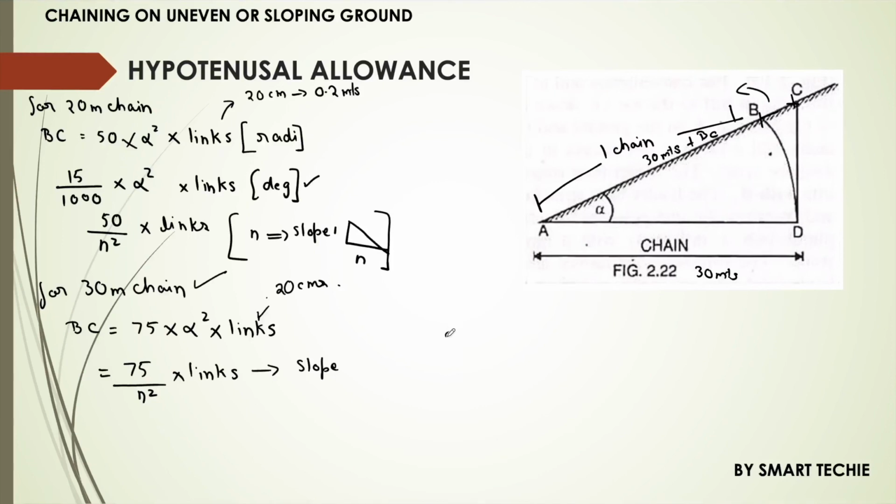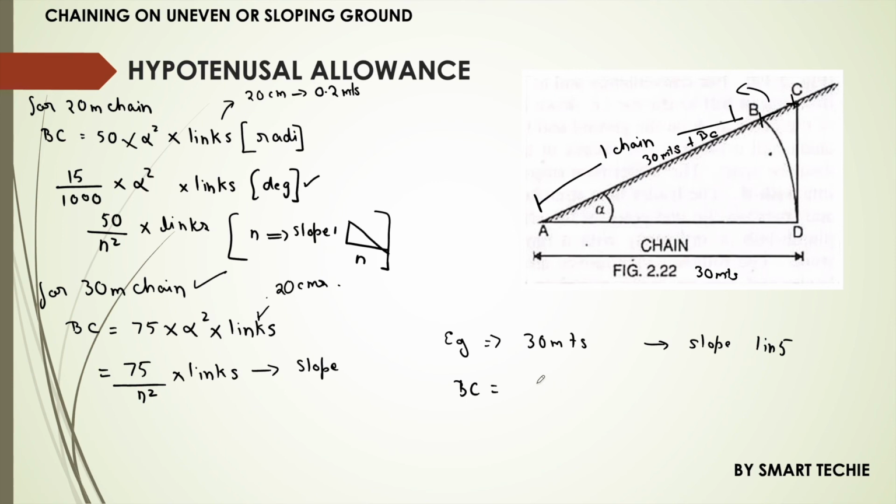If I consider a small example, with a 30-meter chain and a given slope of 1 in 5, what will be my BC distance?